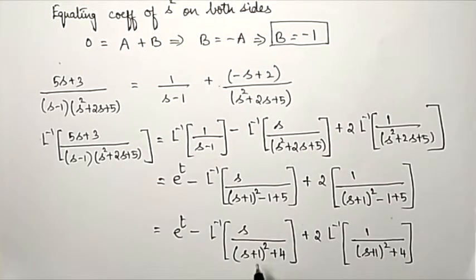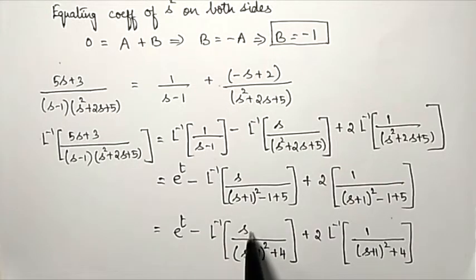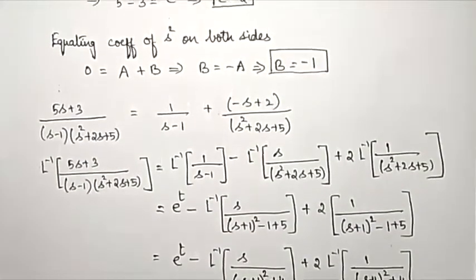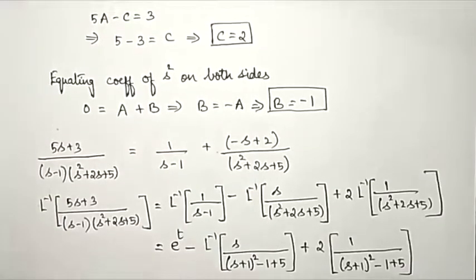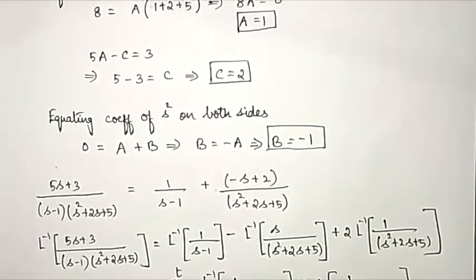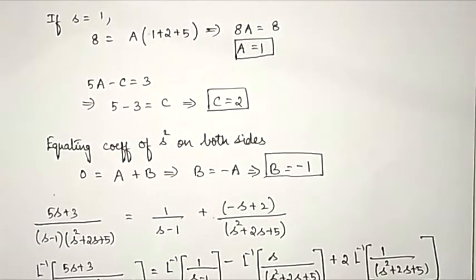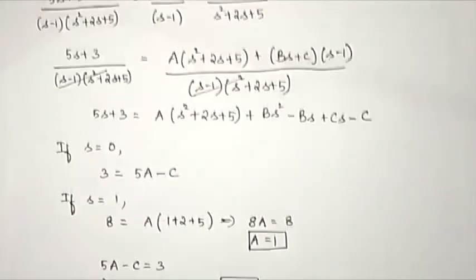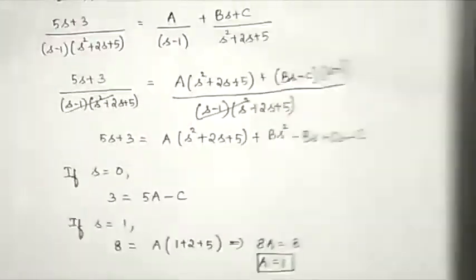Now I have told you the numerator is s and the denominator is s plus 1. We need to make both the same. So what I will do is I will add and I will subtract a 1 in the numerator so that I will get both numerator and denominator in the same form. So in the next step I will add and I will subtract a 1.